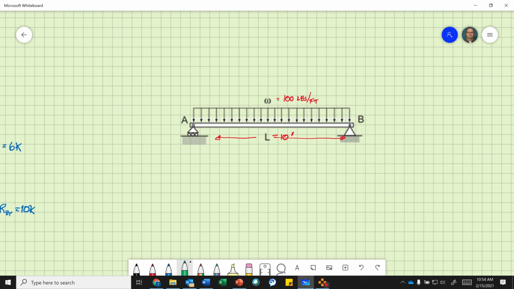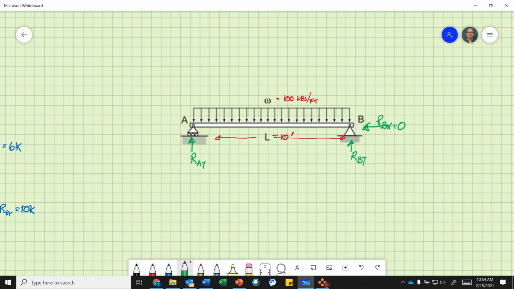So again, step 1, solve the reactions. Reaction at point A in the y direction. Reaction at point B in the y direction. Reaction at point B in the x direction. We know that's going to be 0.